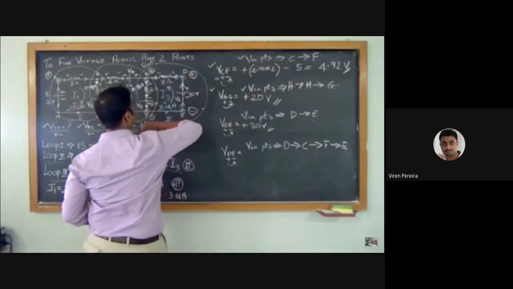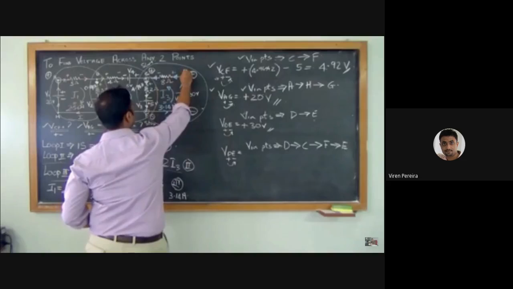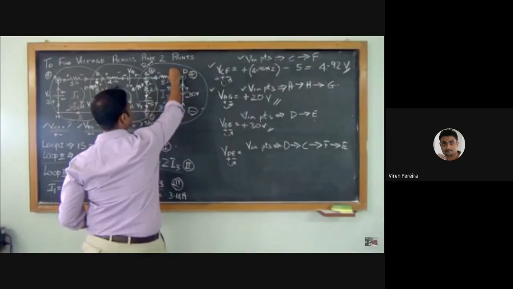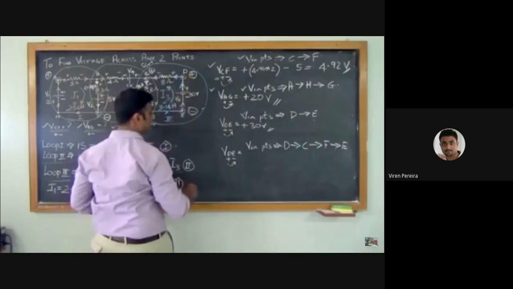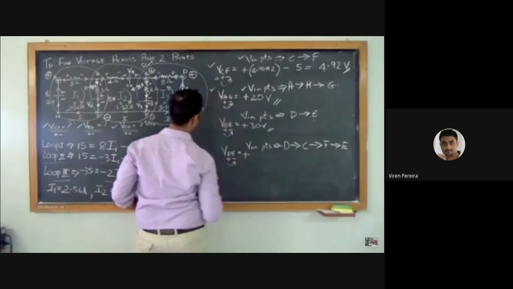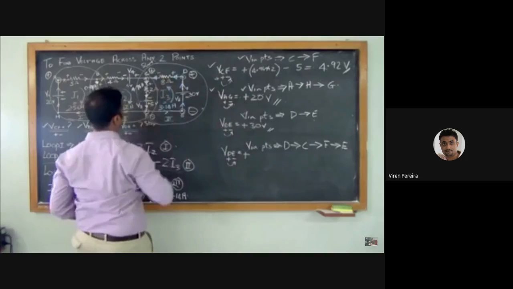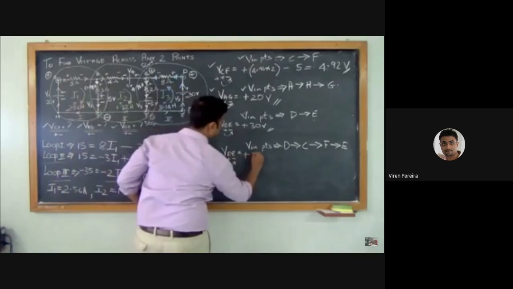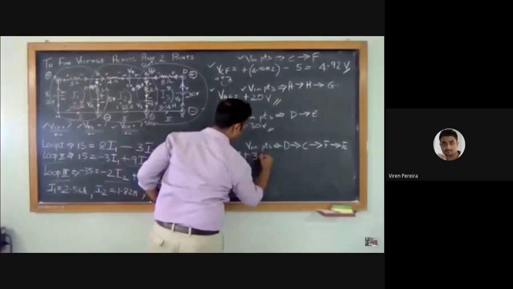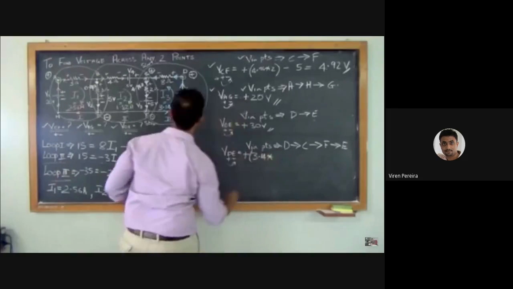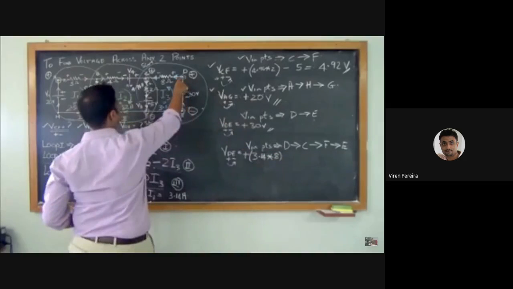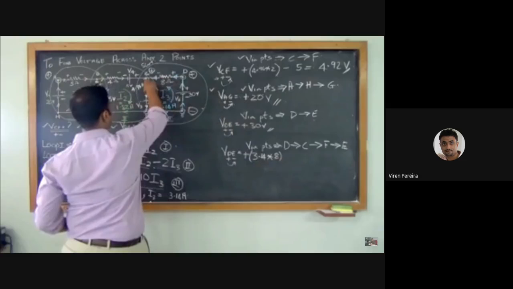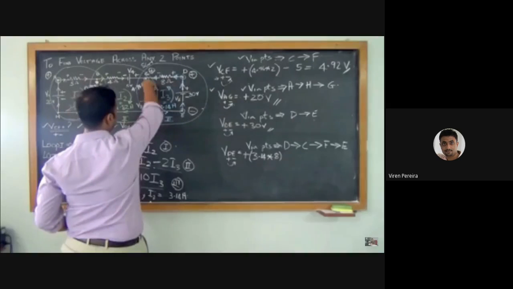Starting from D, the first is a positive terminal of my 8 ohm resistor. So positive into positive, positive. What is the value of current? 3.14 into 8. Then again, the first terminal of this resistor is what?